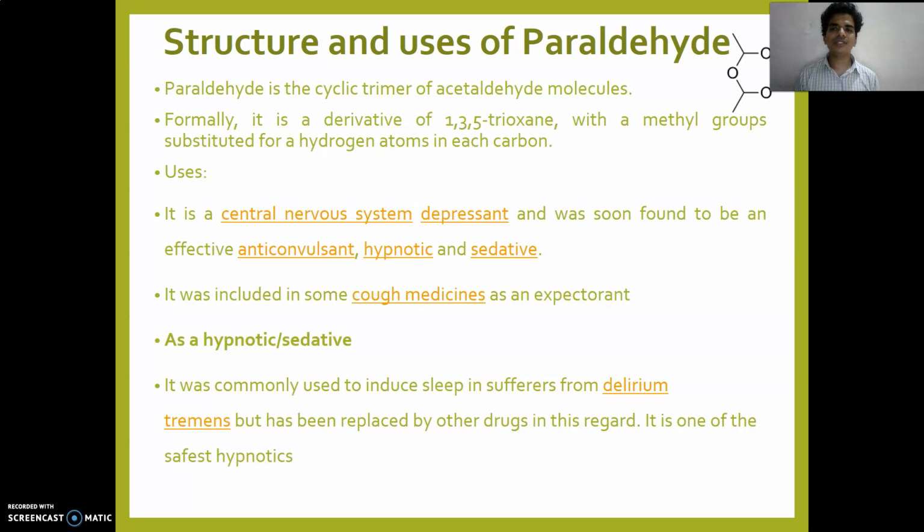It was also included in some cough medicines as an expectorant. As a hypnotic sedative, it is used in some sleep disorders. It was commonly used for inducing sleep, and in delirium tremens, but it has been replaced by other drugs, as it is one of the safer hypnotics.